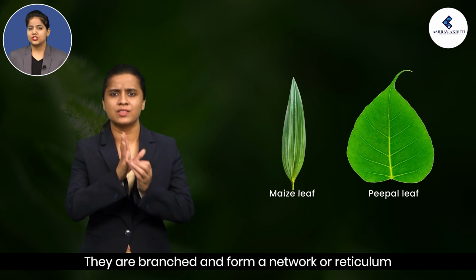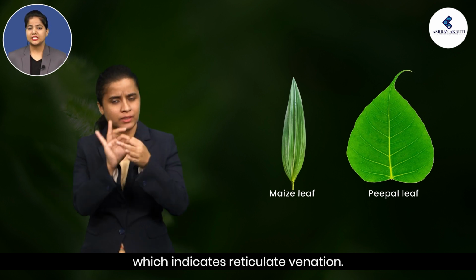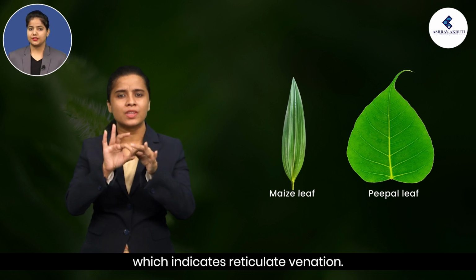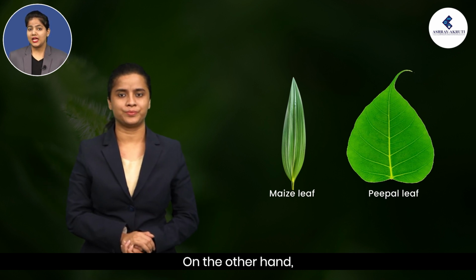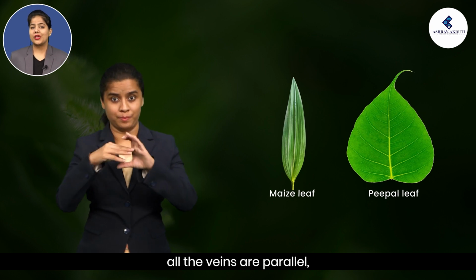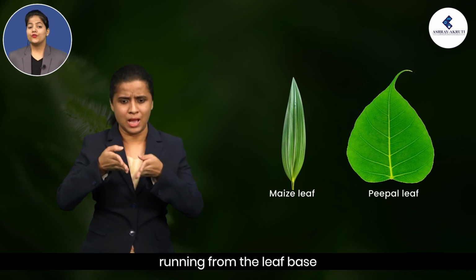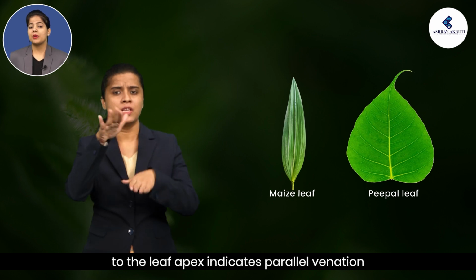They are branched and form a network or reticulum, which indicates reticulate venation. On the other hand, in the leaves of maize, all the veins are parallel, running from the leaf base to the leaf apex, which indicates parallel venation.